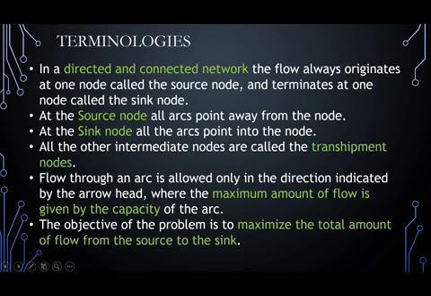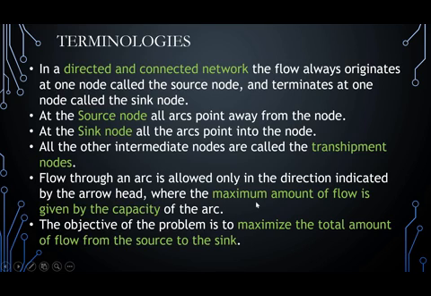We have one specialized node called source and one specialized node called sink. What about the remaining nodes, all the intermediate nodes? These intermediate nodes are called transshipment nodes. A flow through an arc is allowed only in the direction indicated by the arrowhead. We have already said it is a directed network, so the flow has to take place only in the direction specified.